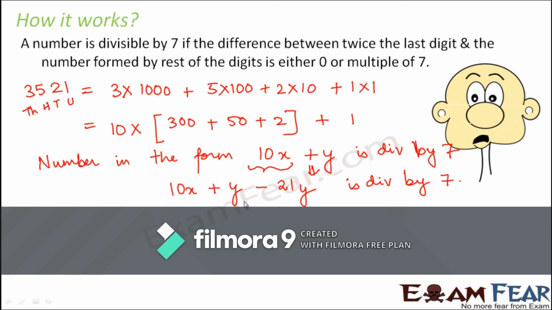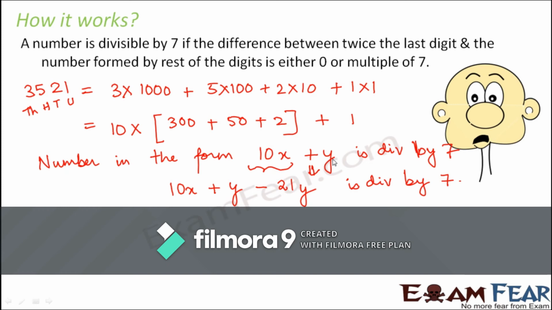So students, please understand this, that when I am writing in this way, I am only writing it as a trick so that I can arrive at a conclusion to prove why we are doing twice the last digit and then finding out the difference. So to arrive at that point, I am just assuming that this number, which is in the form of 10x plus y, is divisible by 7.